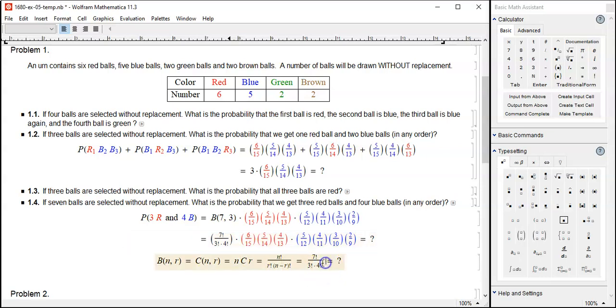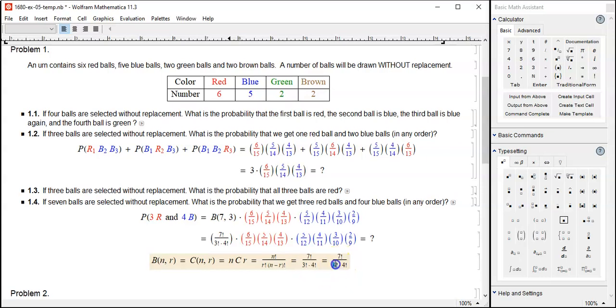By the way, 7 choose 3, and then 7 minus 3 is 4, this one. And 4 factorial, 3 factorial, that's the same, isn't it? It should be the same. Yes, that's the same.